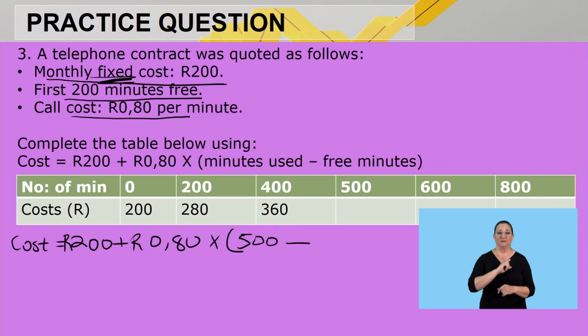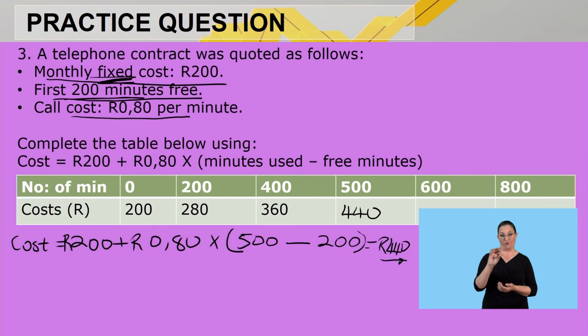So we subtract the 3 minutes, which they've said is 200. So this will give us a total amount to be paid of 440. So here we have 440.